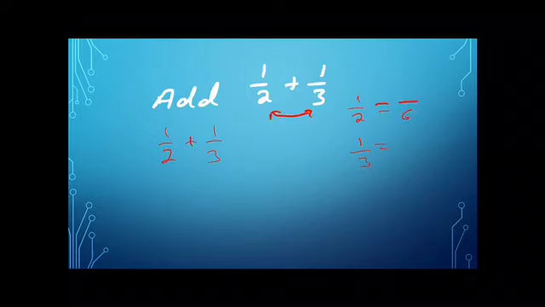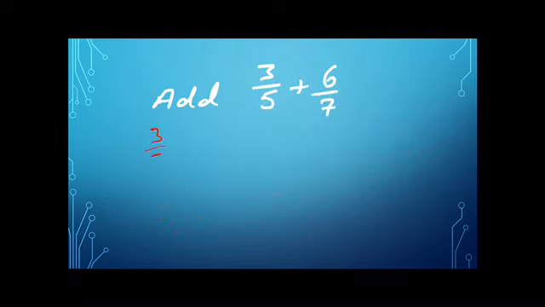So 1/2 is equivalent to 3/6. And 1/3, if we double 3 and then double 1, 2/6 is the same as 1/3. So we now have the same question written in a different form. The question is now saying, how many sixths do we have? We have 3 plus 2, which is 5/6.